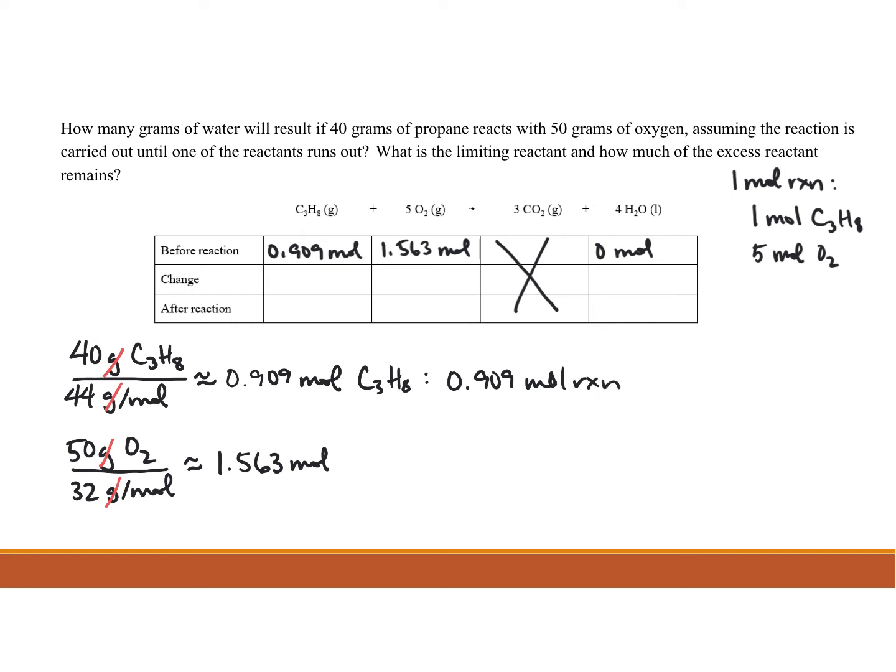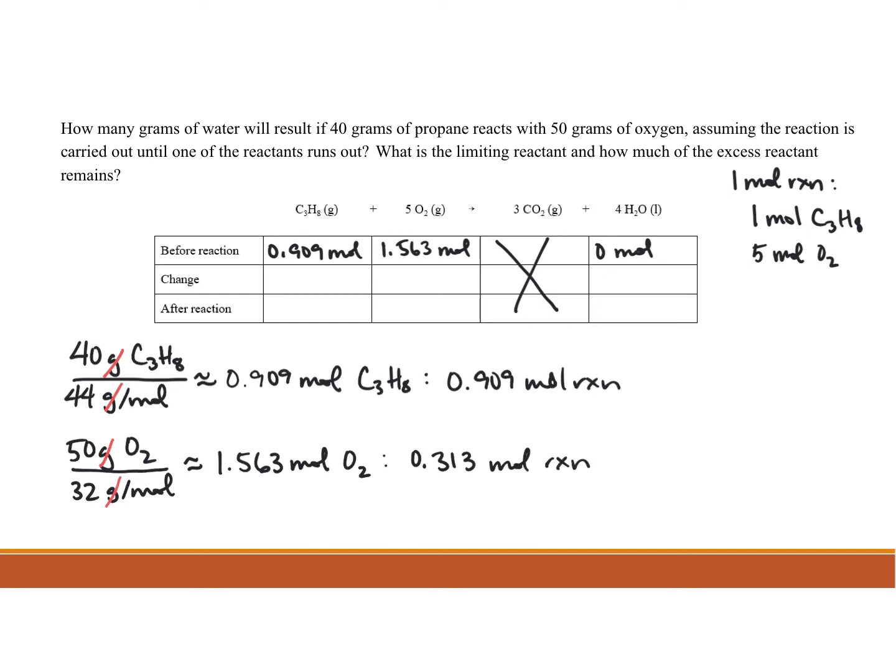And then for 1.563 moles of O2, if you divide that number by 5, you get 0.313 moles of reaction.